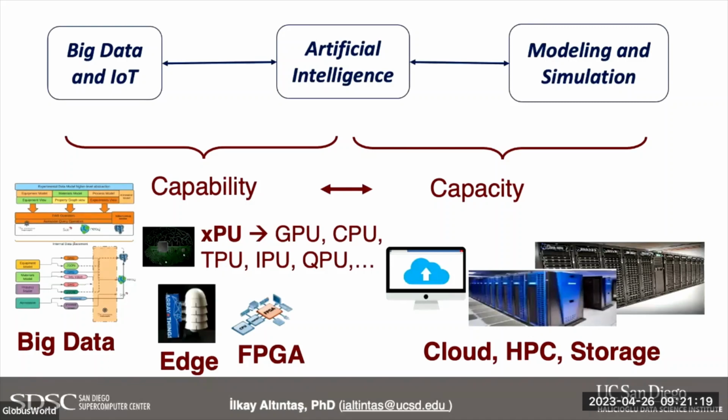And you look at the computing needs for those, they are generally different, or systematic needs. There's also the data needs, so the digital needs, let's refer to them. Modeling and simulation still requires more and more capacity. We are talking about exascale systems today. And when you look at the big data and AI, it's more these processing units and accelerators that we are talking about, GPUs, tensor processing units, CPUs, and all kinds of other systems like new architectures like FPGAs and edge computing.